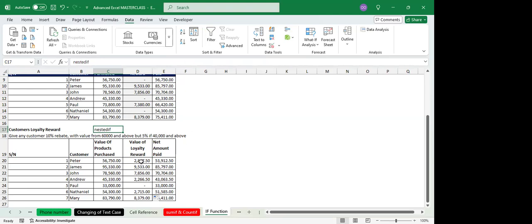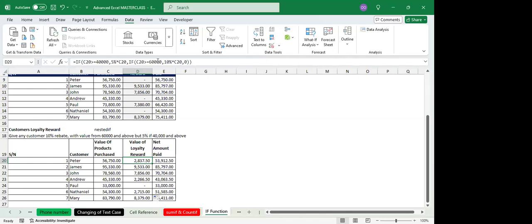But it is not compulsory that it must always be if and if. I can actually use count if here and come and use sum if here. I can also use if statement here and use something else here. It is still a nested function, but because they are not the same thing, I cannot call it by the name of one of them.